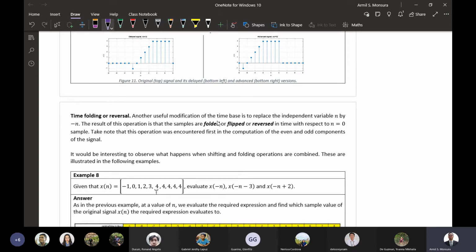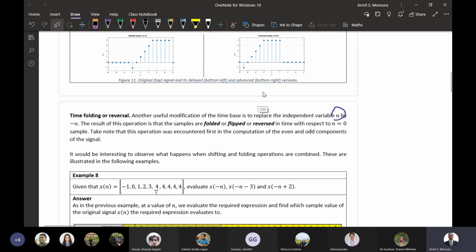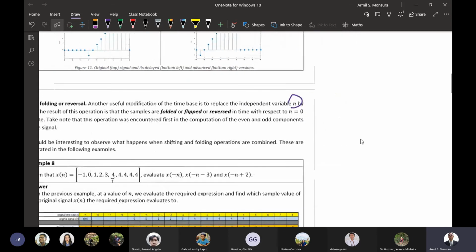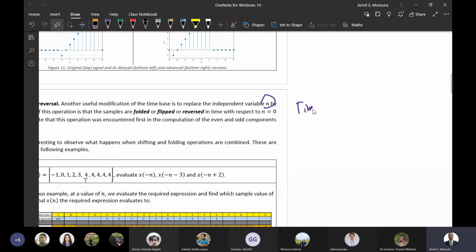Another useful modification of the time index is to replace the independent variable n by negative n. So essentially, ang operation na to, yung time reversal, okay, essentially involves the replacement of n with negative n.